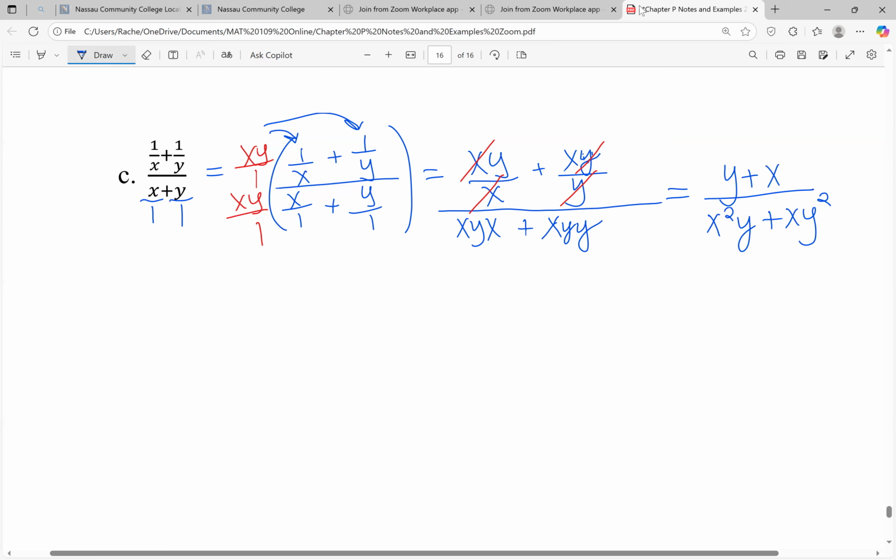And let's see if we could factor the denominator. So I'll continue down here. In the numerator, instead of writing it as y plus x, I'm just going to write it as x plus y, right? Just alphabetical order.